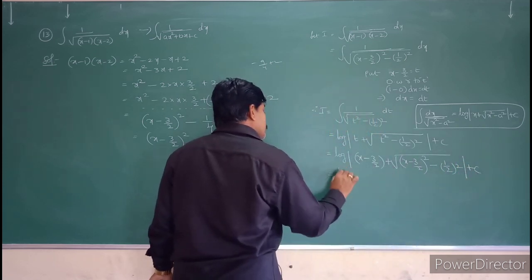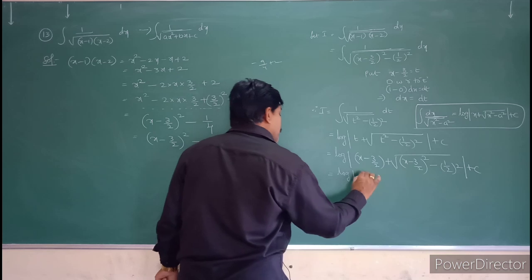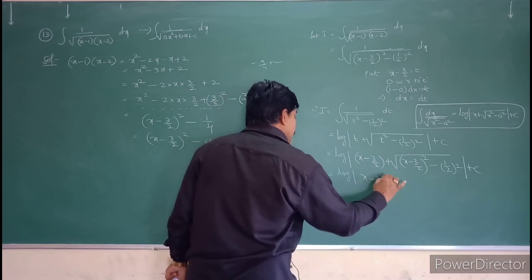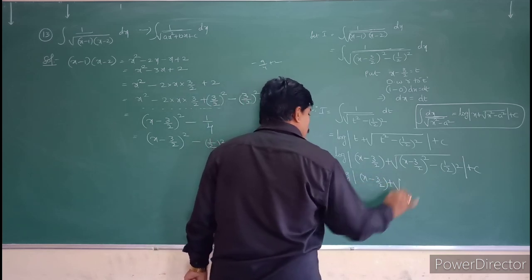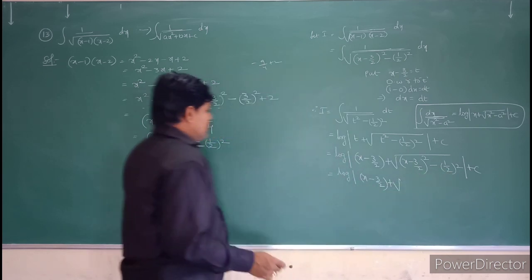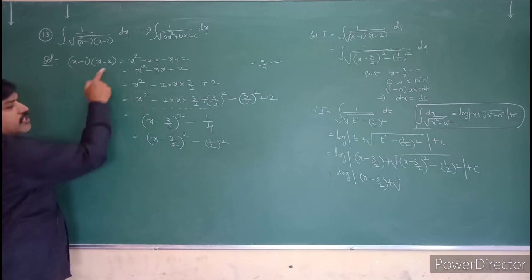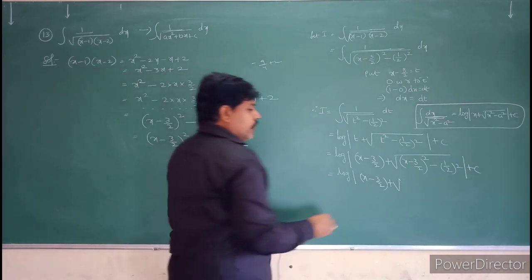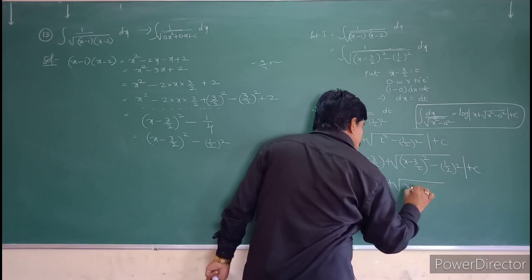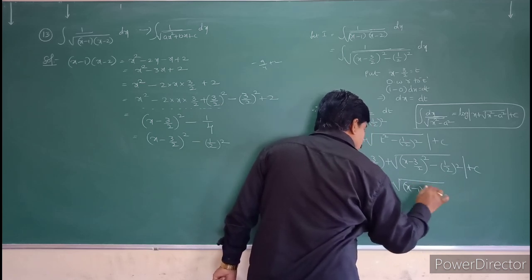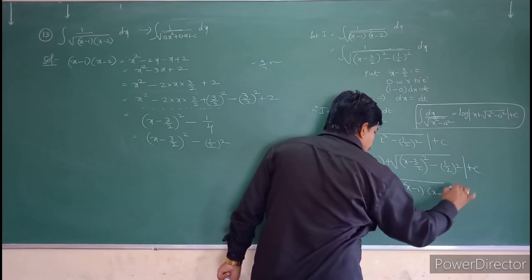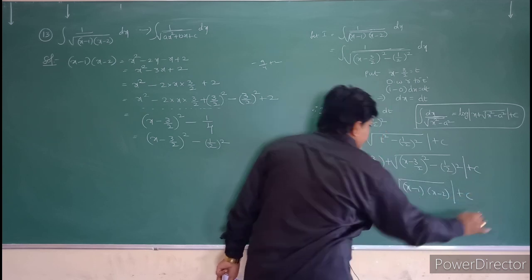What is this value? This value is nothing but (x minus 1) into (x minus 2). So you can write it as log mod (x minus 3 by 2) plus root of (x minus 1)(x minus 2) plus c.